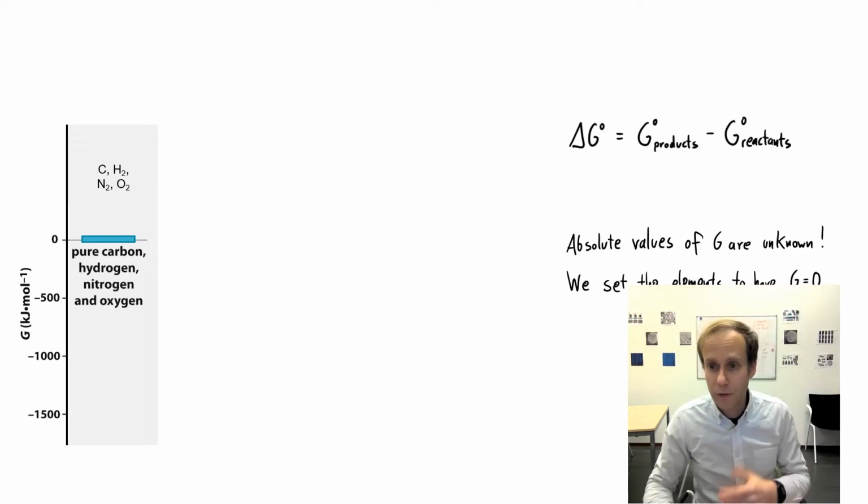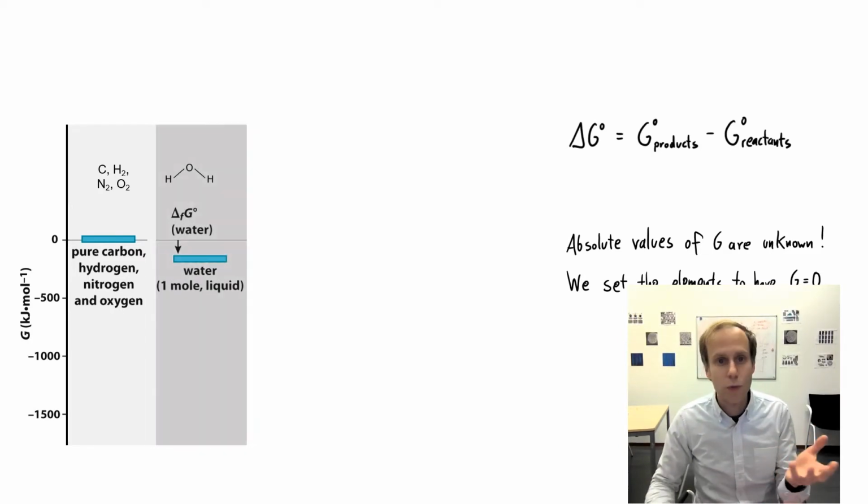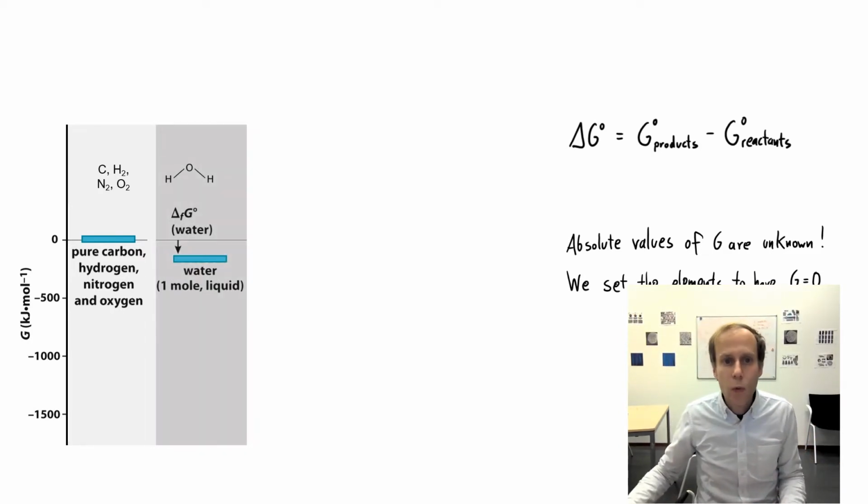For instance, for the molecule H2O, water. Water is made of 1 H2 and 1/2 O2, meaning just 1 O. And you see the value of the free energy for water is different from the free energy of the elements by a certain amount.